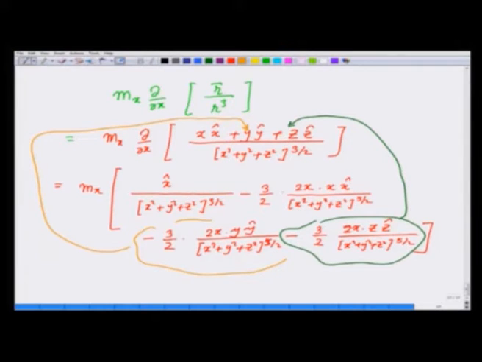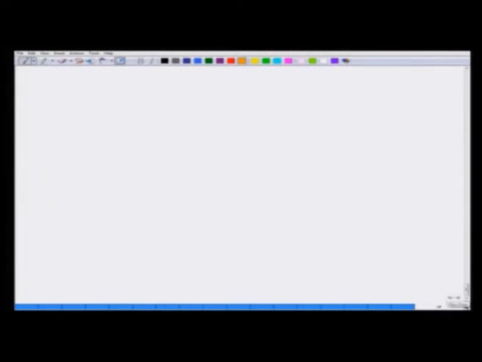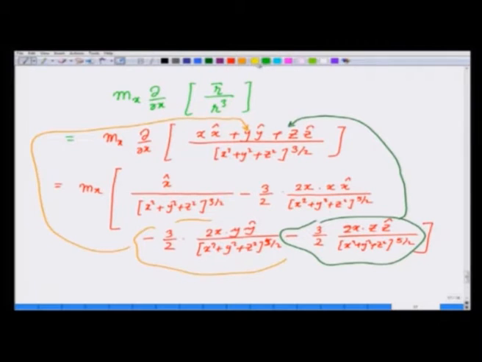If I just differentiate with respect to x, I am getting this to be equal to m x, x unit vector over r cubed minus, let me go back and cancel certain terms, this 2 cancels everywhere.